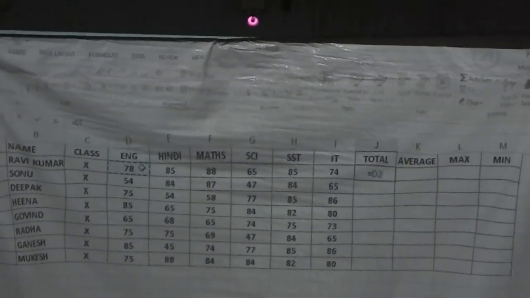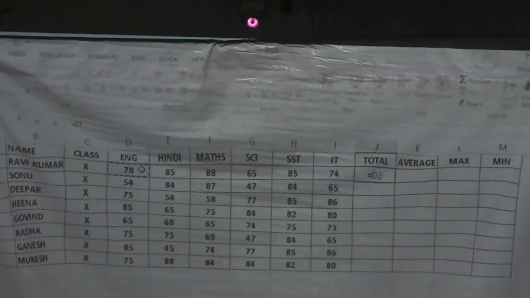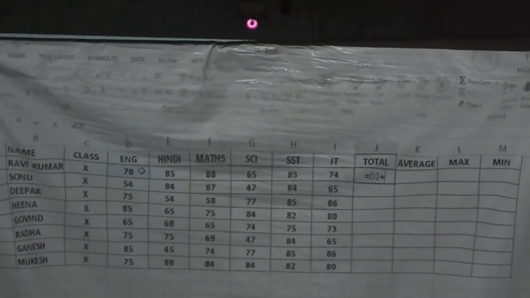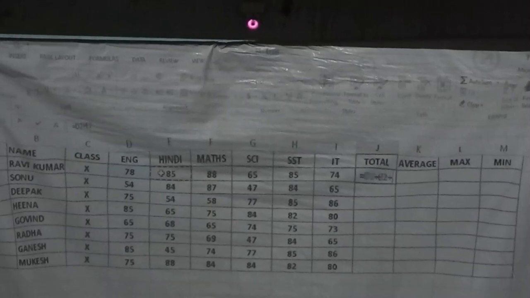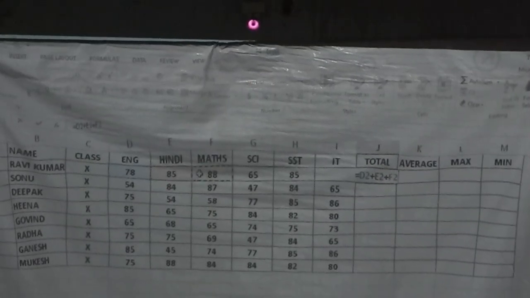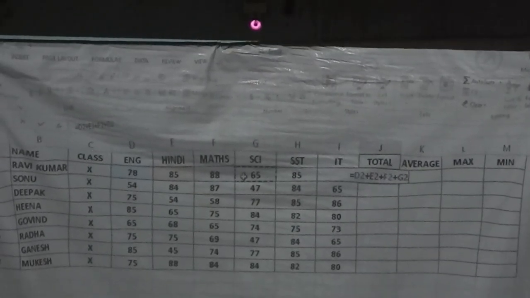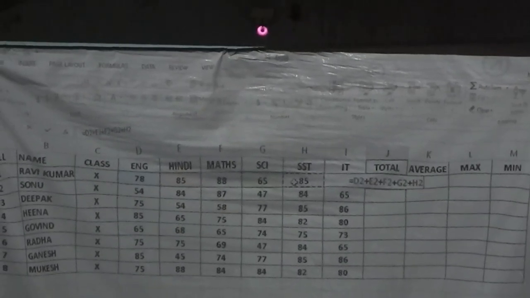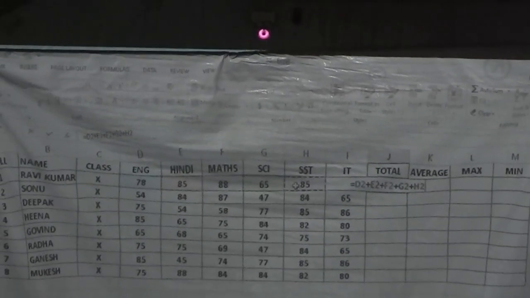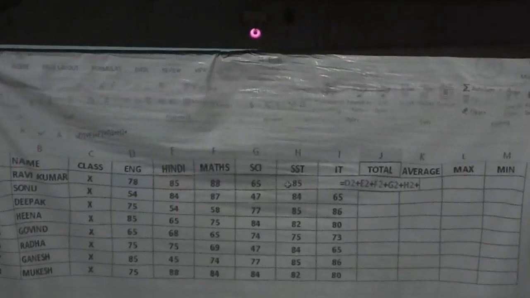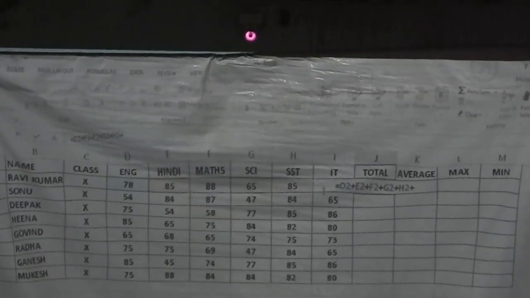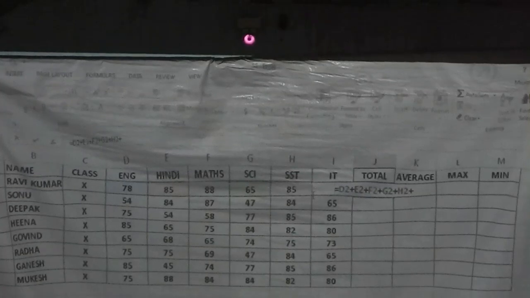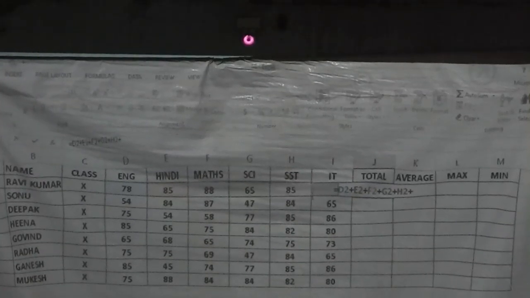First D2, then give the plus symbol, then E2, then plus F2, then plus. Like that we will proceed up to I2. Plus I2.